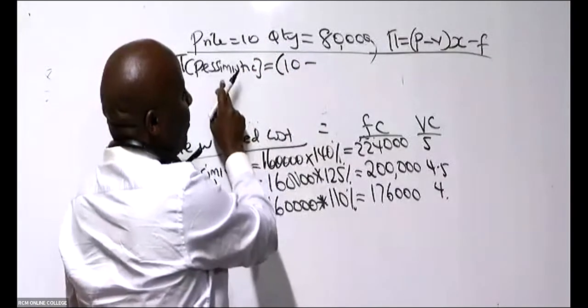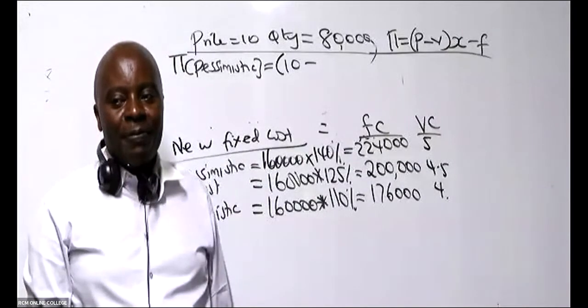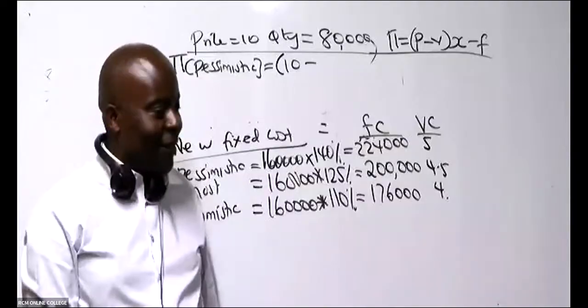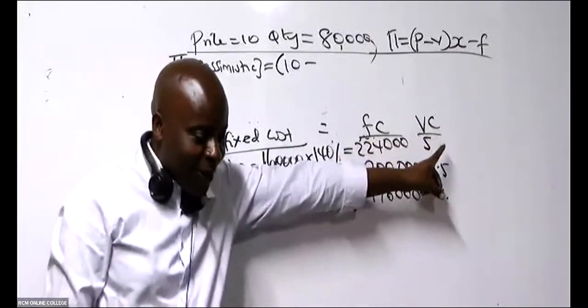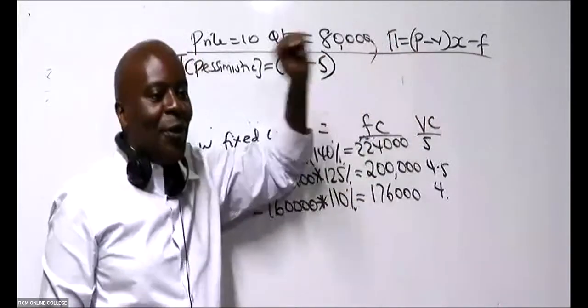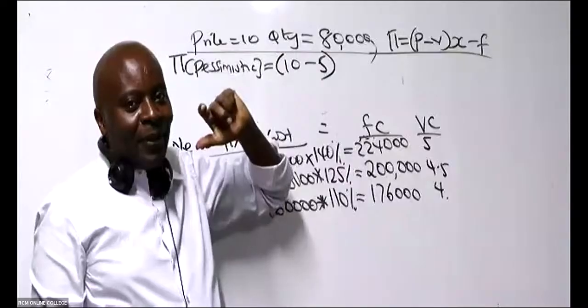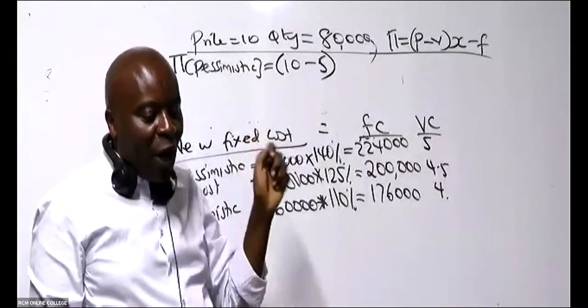If a pessimistic environment prevails, what will be the variable cost? Pessimistic is here: 5. Multiplied by our quantity, following that equation for profit planning. So the quantity will be how many units throughout?